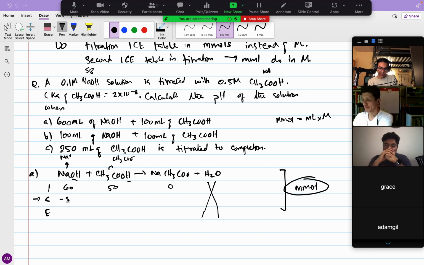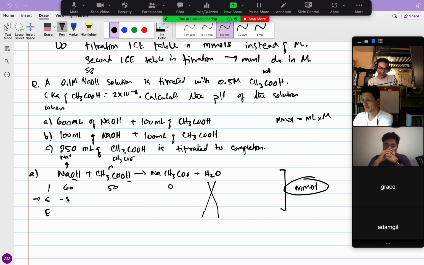Yeah, you use the lowest number. There's some asterisks here involved because you can have coefficients and that changes things. But anyway, we'll not think about that for now. All right, so what's left at the end, Alexandra? We have 10 NaOH, 0 CH3COOH, and 50 NaCH3COO.